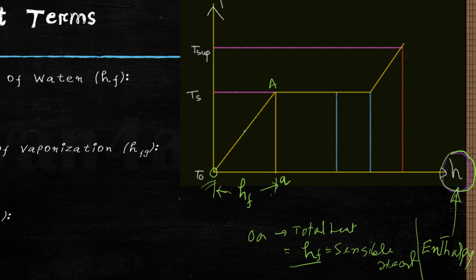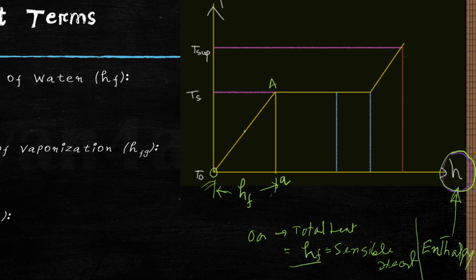Imagine we are heating some water at some pressure. This time we are not mentioning what the pressure is, at any pressure, starting from 0 degrees centigrade. At some point A, the temperature increase will stop.